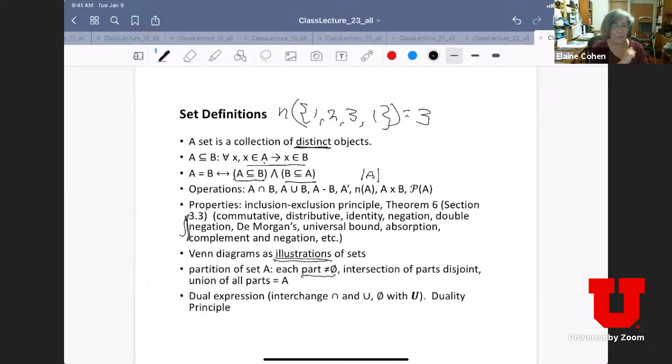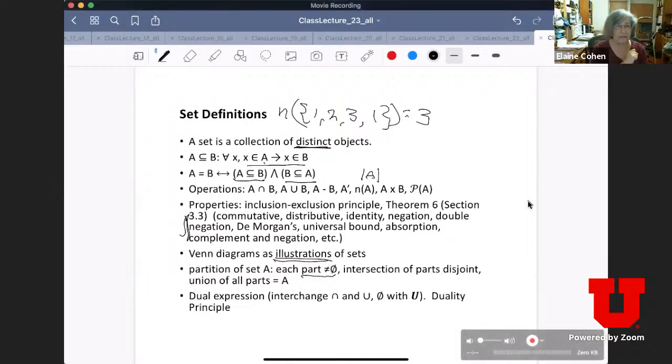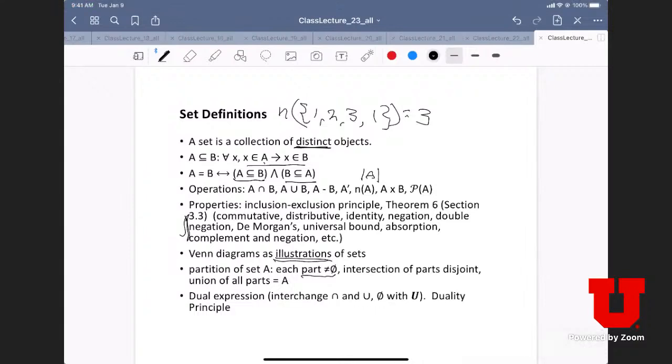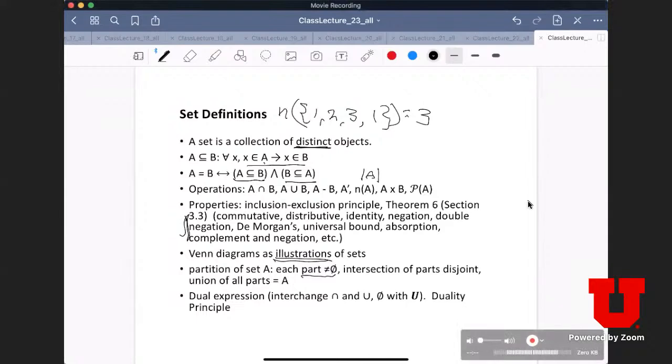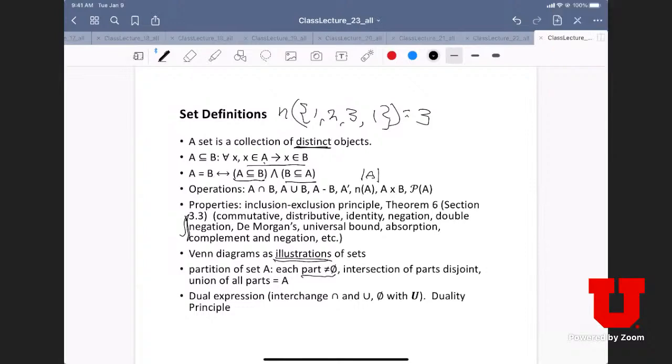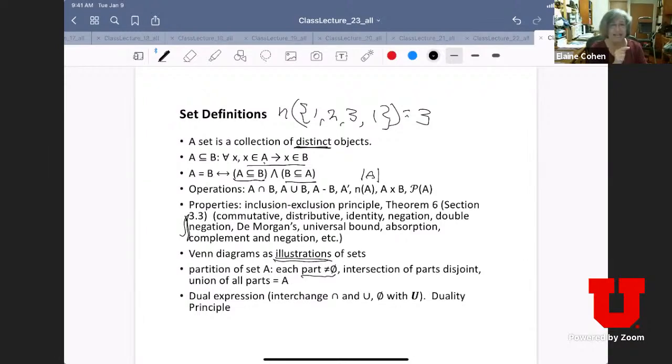The duality principle, yes, Dane? Can't we use it to prove a dual expression, transferring the problem to its dual? The duality principle says if you know that an expression is true, be careful, you can find an equivalent expression by forming the dual of it. That's what the duality principle says.